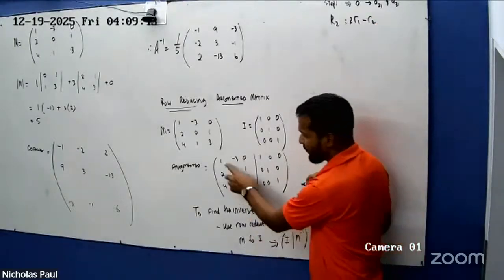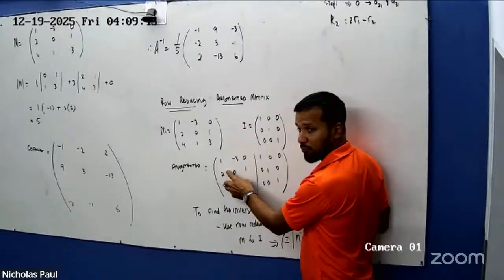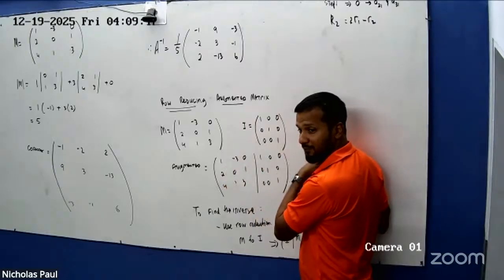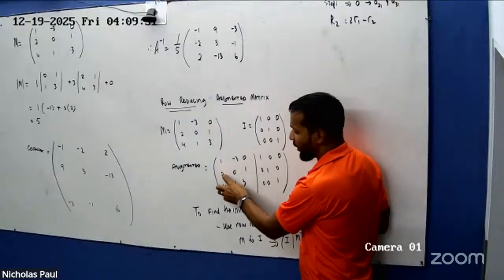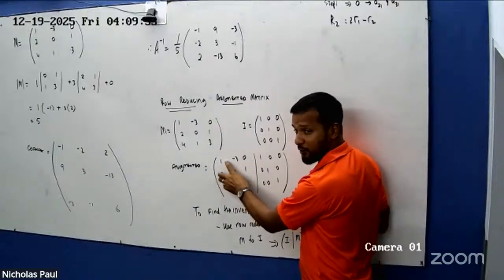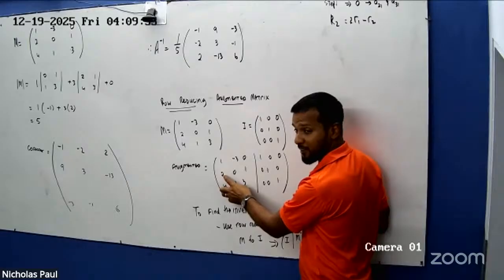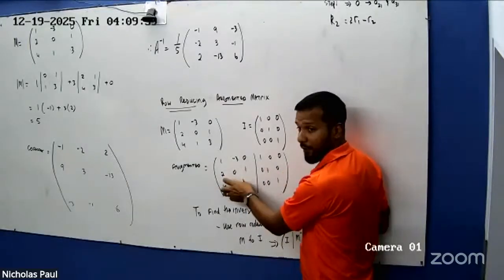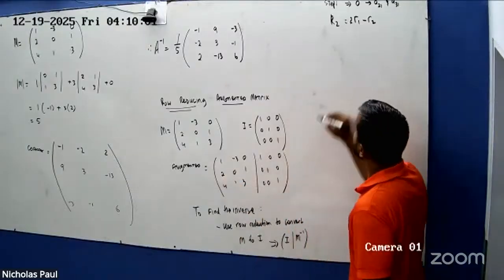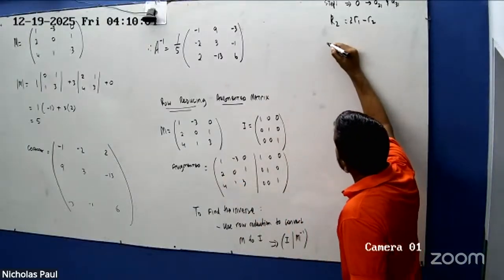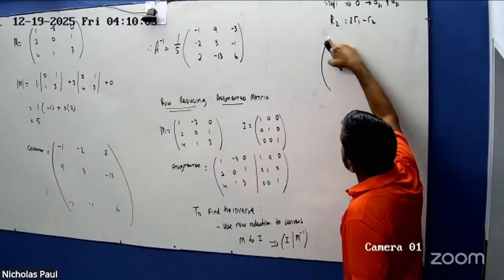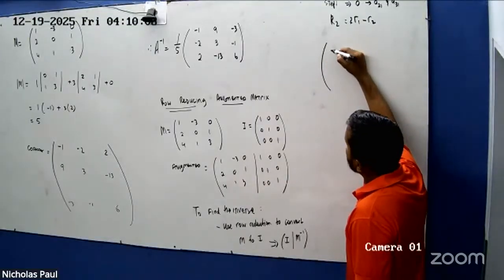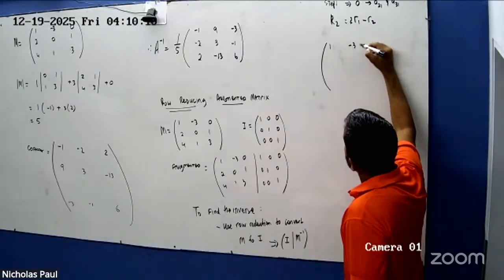If I multiply this by 2 and subtract these two rows, I'll get 0 here. I don't care about what happens elsewhere, I only care about here right now. So let's see what will happen. I am not changing row 1, so I'll leave row 1 as it is.